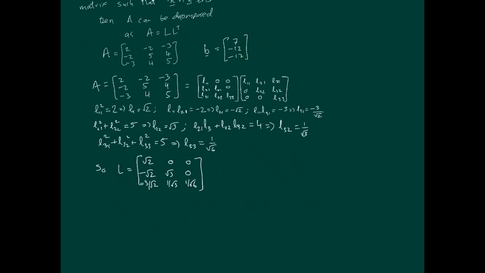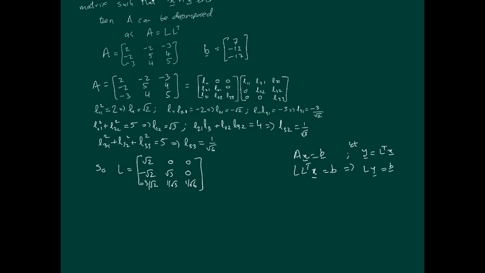Now, as shown in earlier videos on the decomposition method, how we do this is as follows. Remember, Ax equals b, so LL^T x equals b, which implies, and we'll put in y, let y equal L^T x, which means that Ly equals b.